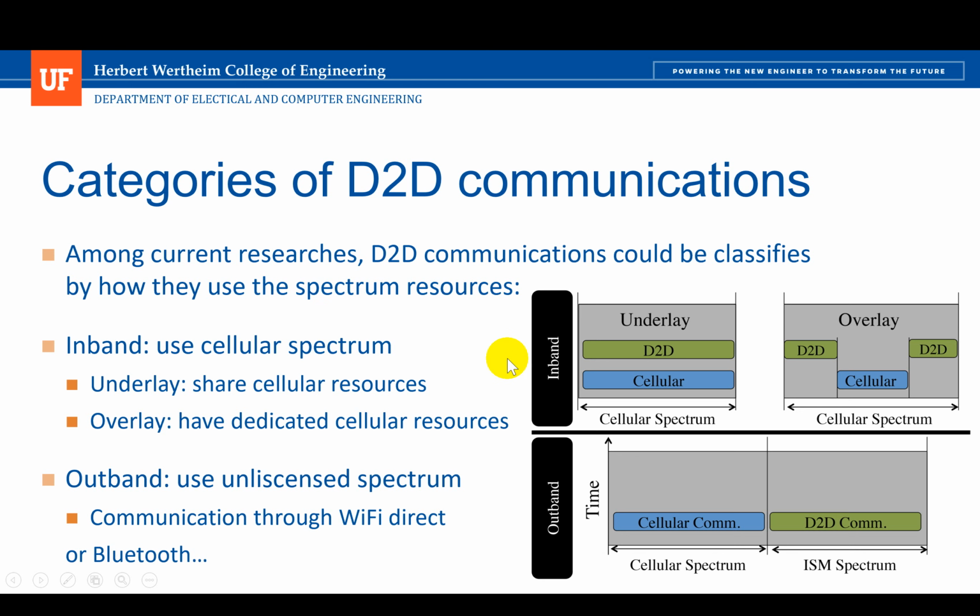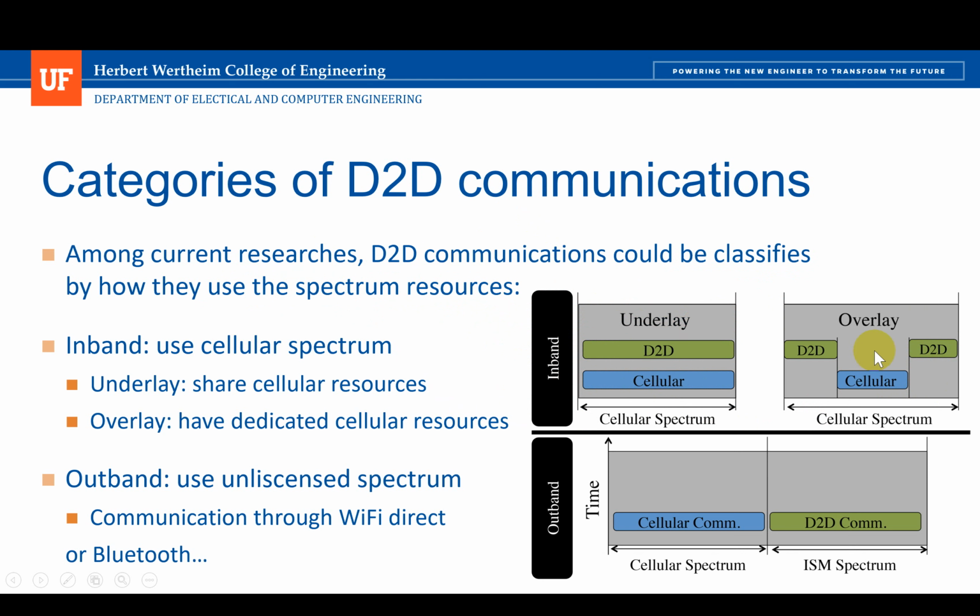So there are four categories of D2D communication. They are classified by how they use the spectrum resources. If they are using cellular spectrum, they will be called in-band D2D. If they share the cellular resources of the cellular users, it is the underlay.